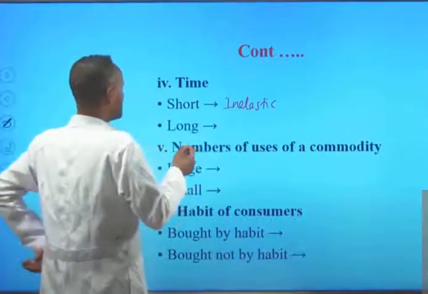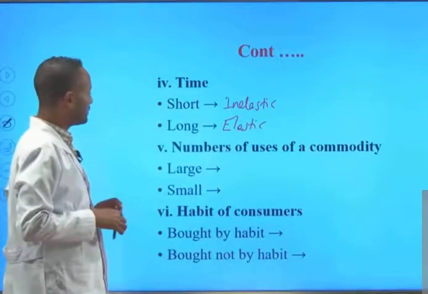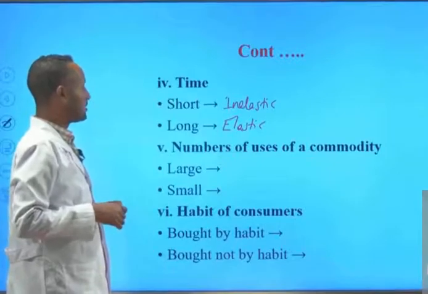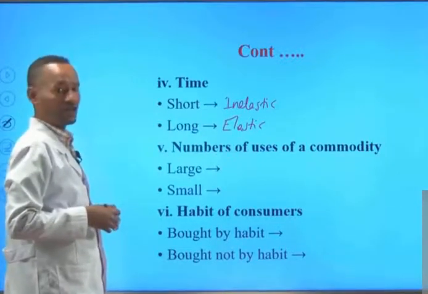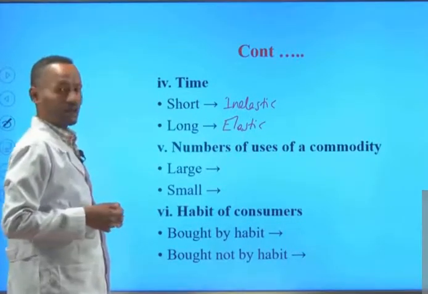But over a long period of time, the demand for a commodity tends to be more elastic, because people can adjust their consumption, and many close substitutes are expected to be produced over time.